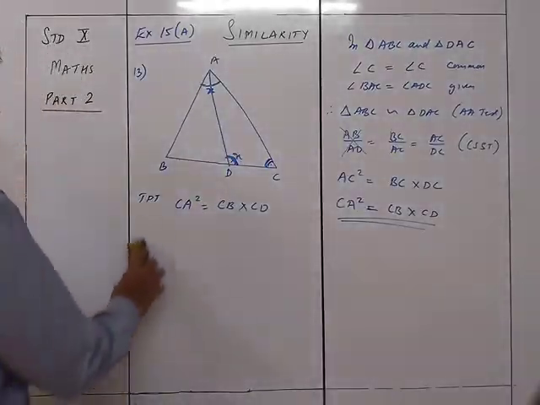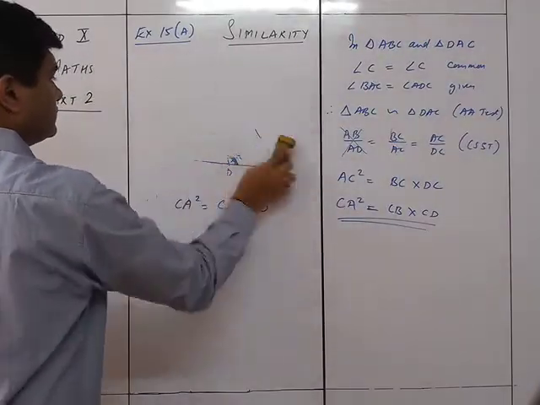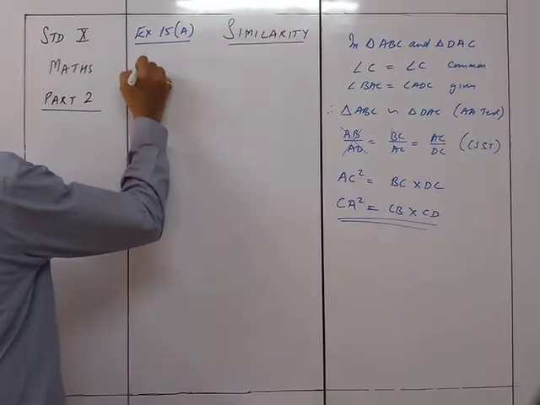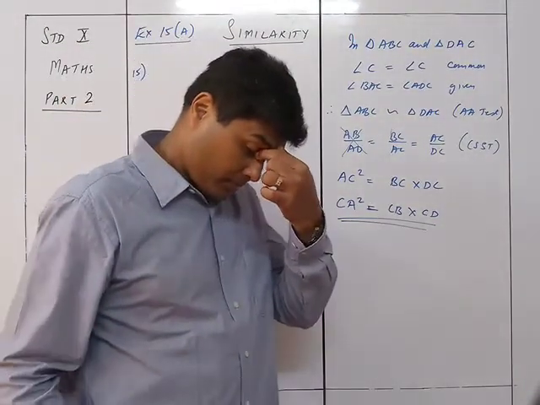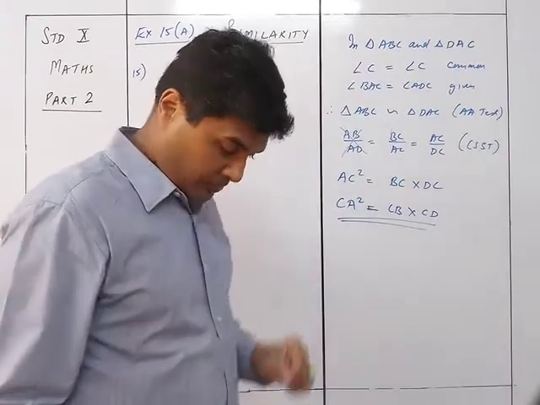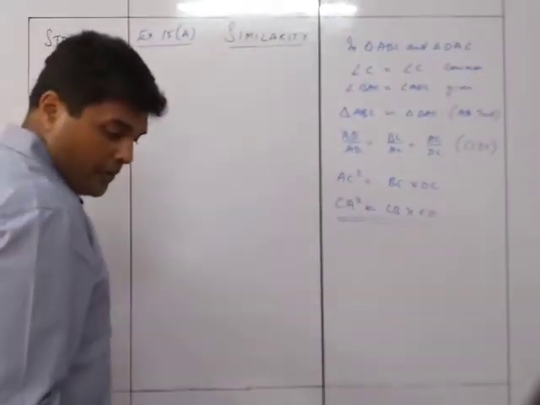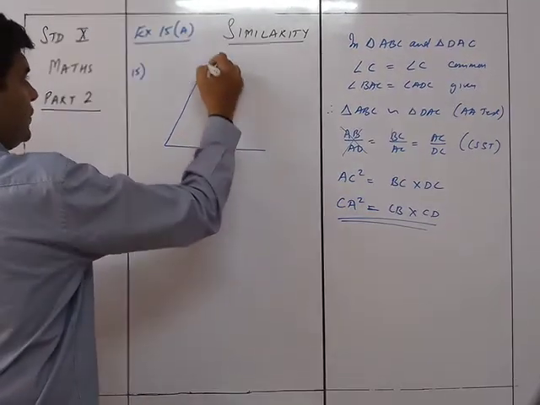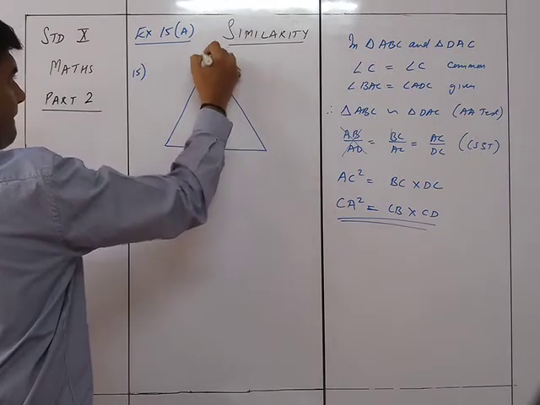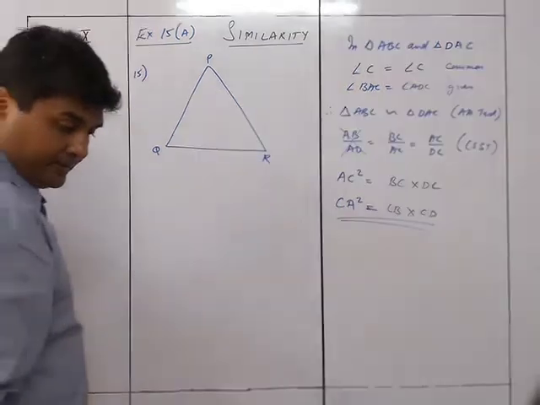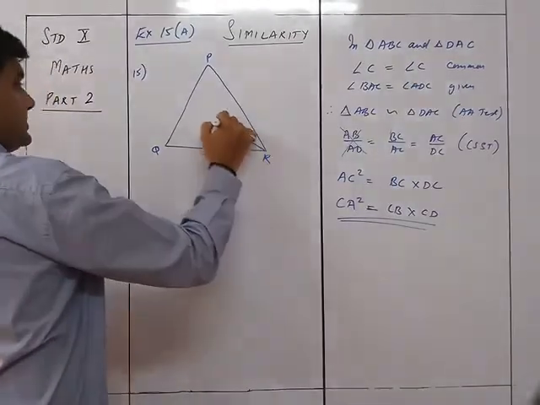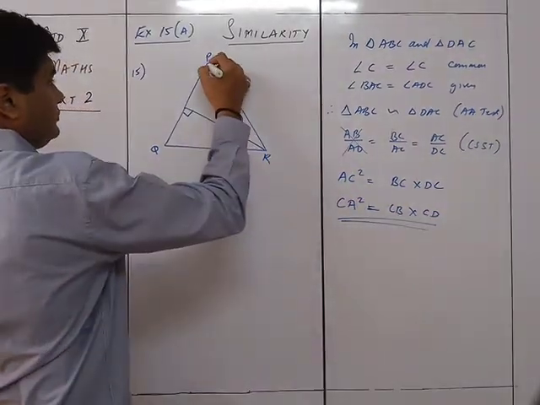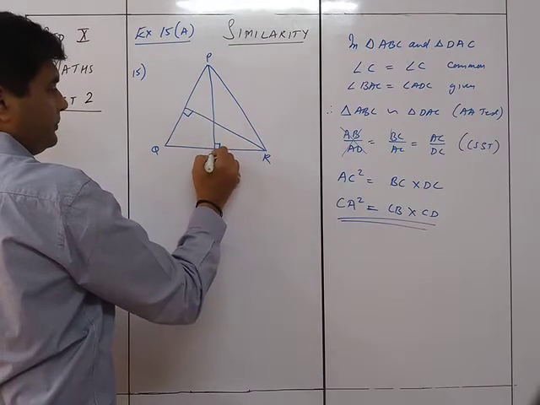In triangle PQR, RS is one altitude and PT is another altitude.